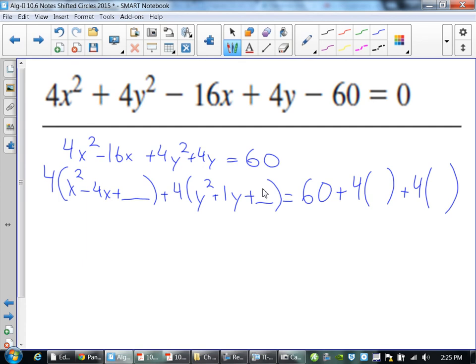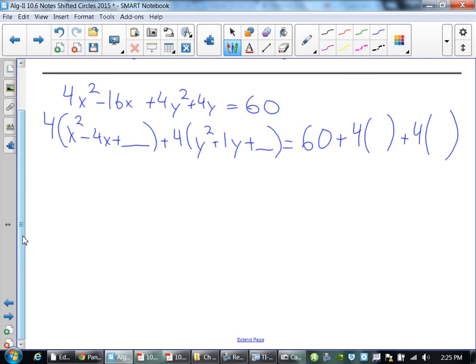All right. Now you go through the method of completing the square. Half of -4 is -2. Square it, you get 4 here and here. So my term now becomes 4 times x minus 2 quantity squared plus, well, what's half of 1? It's 1/2.